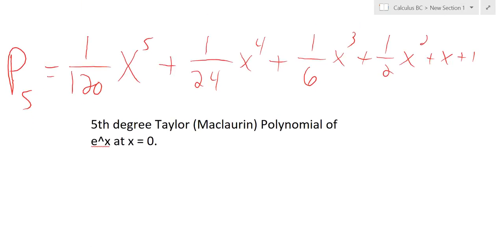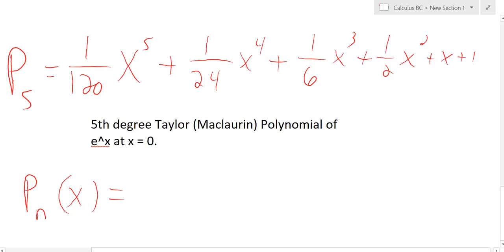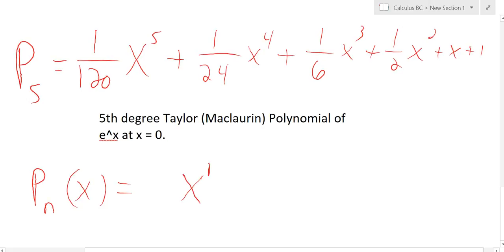If I want P sub n of x, where n could be any number whatsoever, what will the exponent of my first term be? It'll be n. So it's going to be x to the n, but it's going to have a coefficient on it, just like all the other ones do. Now, we built this. We saw what we did to get all these exponents.